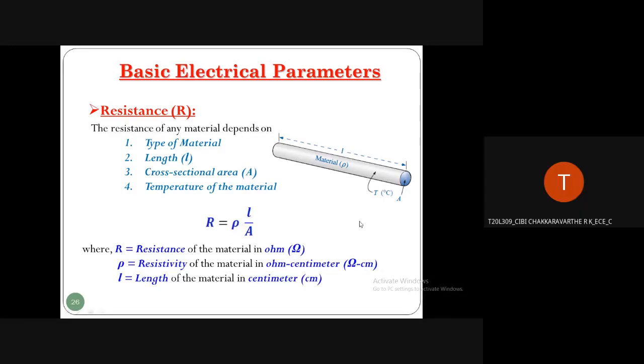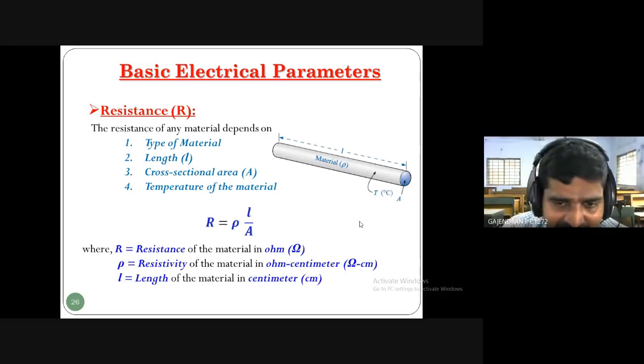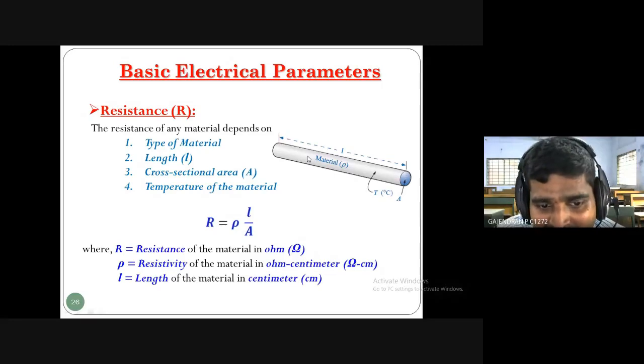Yes, tell me. Sir, can you explain resistivity one more time? Resistivity depends on the material you are going to use. Resistivity is again a property of the material, and each and every material has a different resistivity.